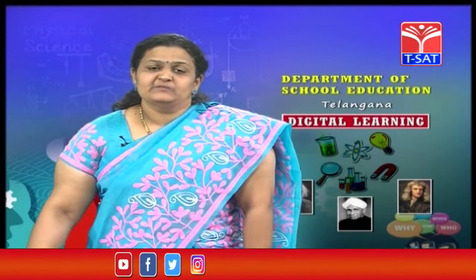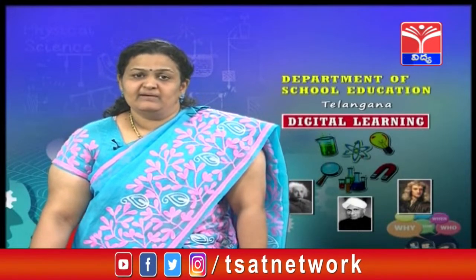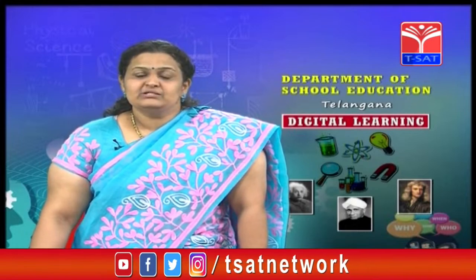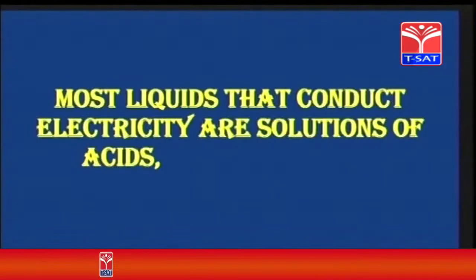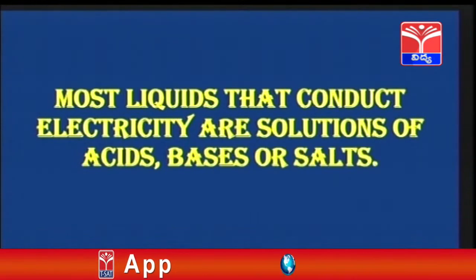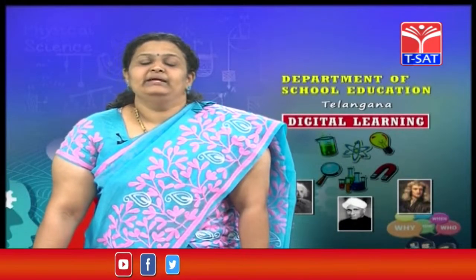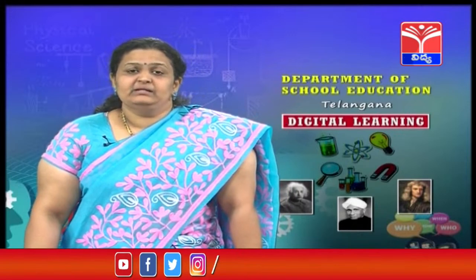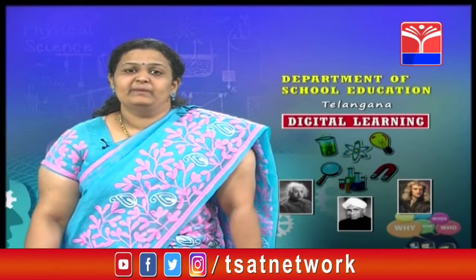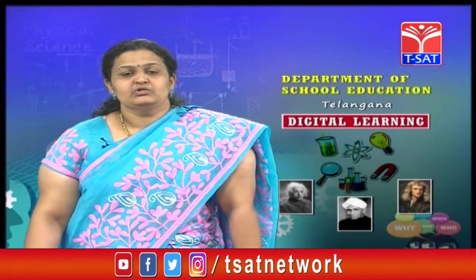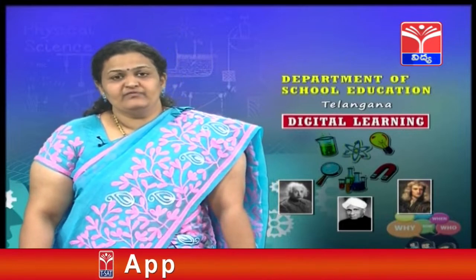It is better to wear rubber gloves and work on a plastic or wooden chair. Most liquids that conduct electricity are solutions of acids, bases or salts. Okay children, so in this activity you might have understood that whatever liquids have shown electricity are solutions of acids, bases or salts. So children, we have come to the end of this session.